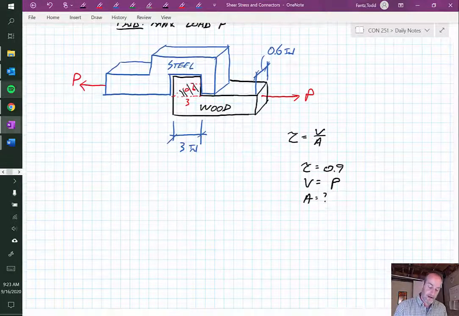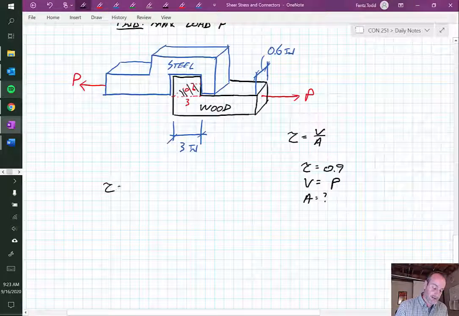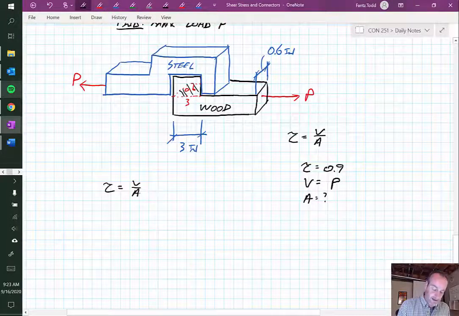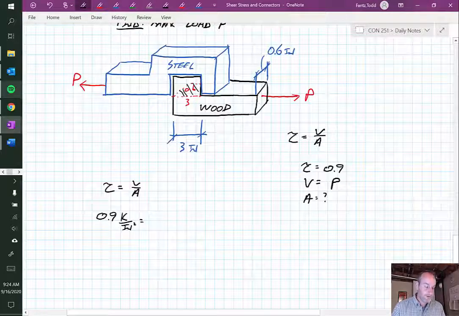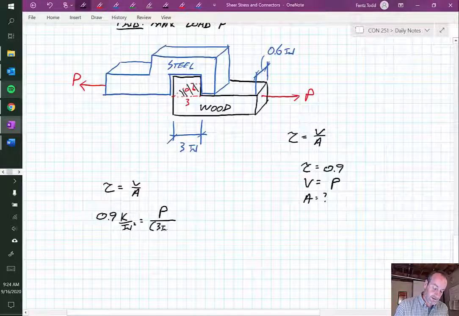So the way I would solve this problem, starting with tau is equal to V over A. Like I said, I know this tau is 0.9 kips per square inch, and I'll write out the units so we can see how they all cancel out, is equal to the shearing force, whatever that value P is, over the cross-sectional area, 3 inches times 0.6 inches.